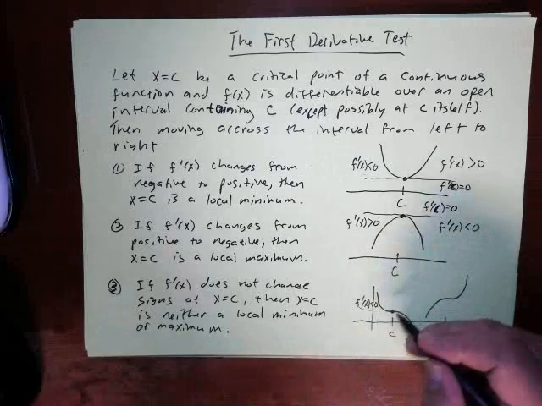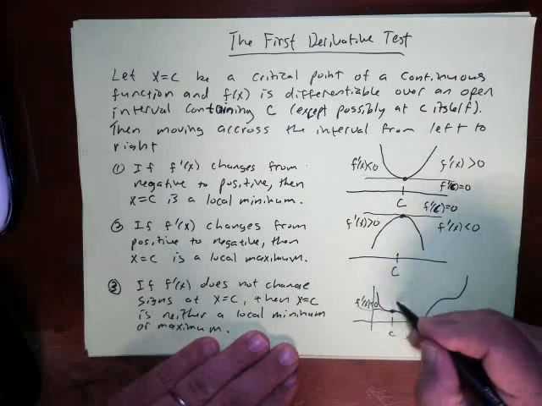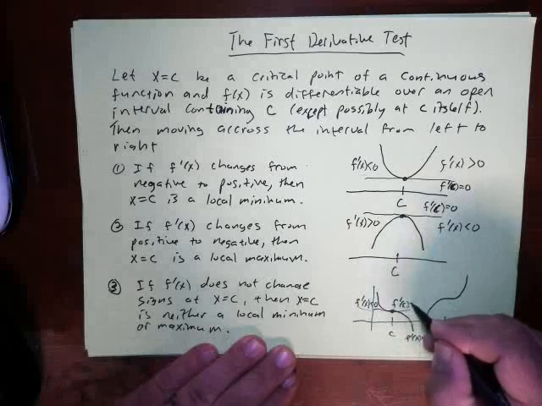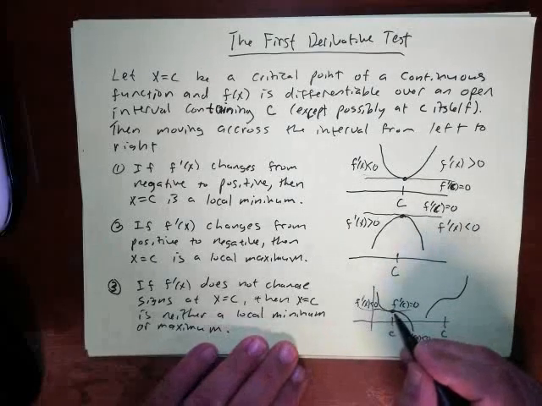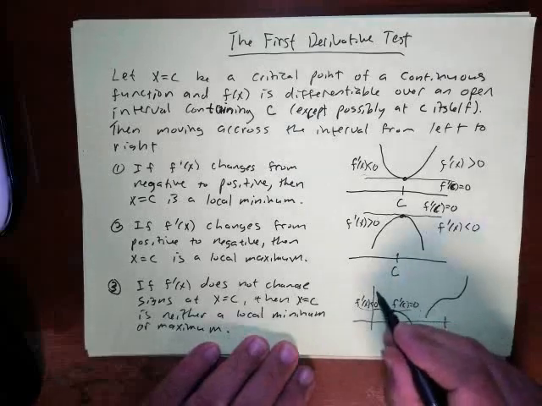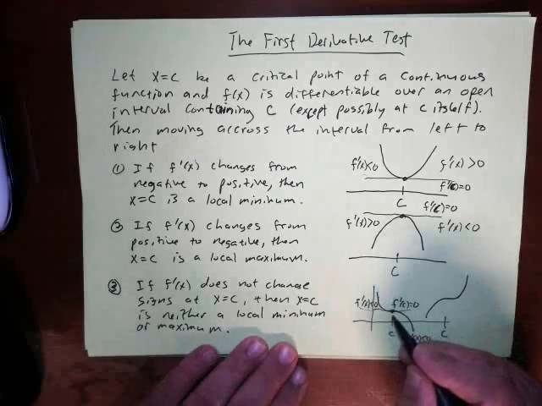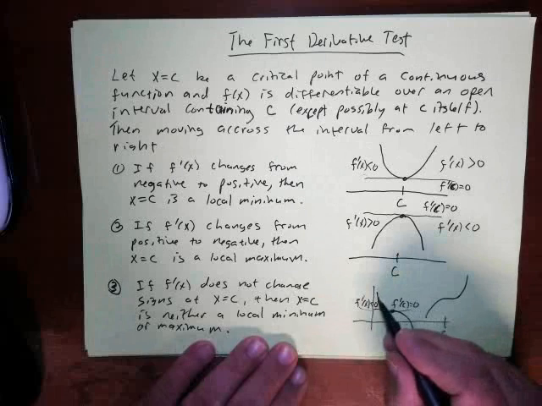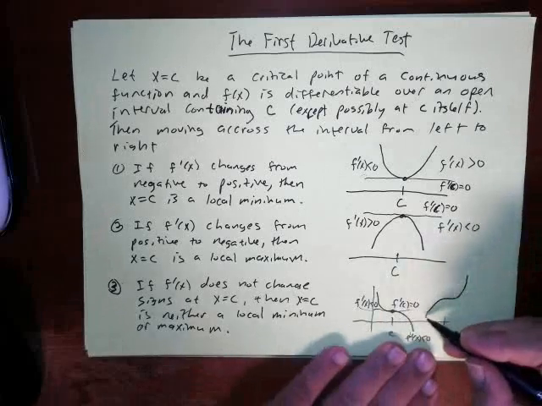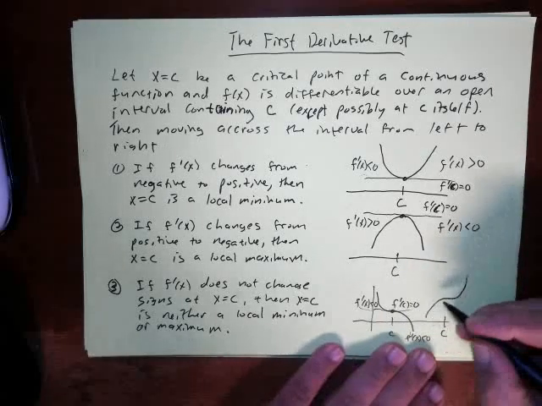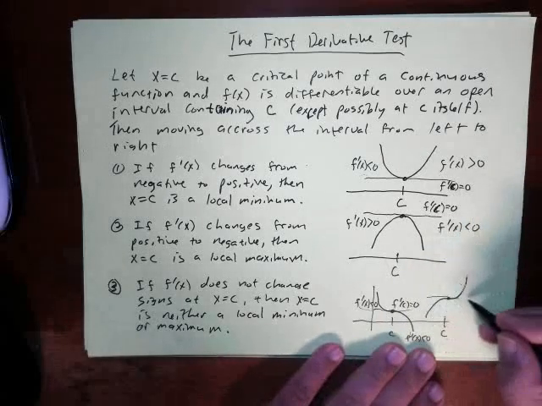It flattens out, and at c it is equal to 0, but it doesn't turn around. The derivative doesn't go from negative to positive. It goes from negative, flattens out to 0, and then goes back down. And then same here, it is negative here.